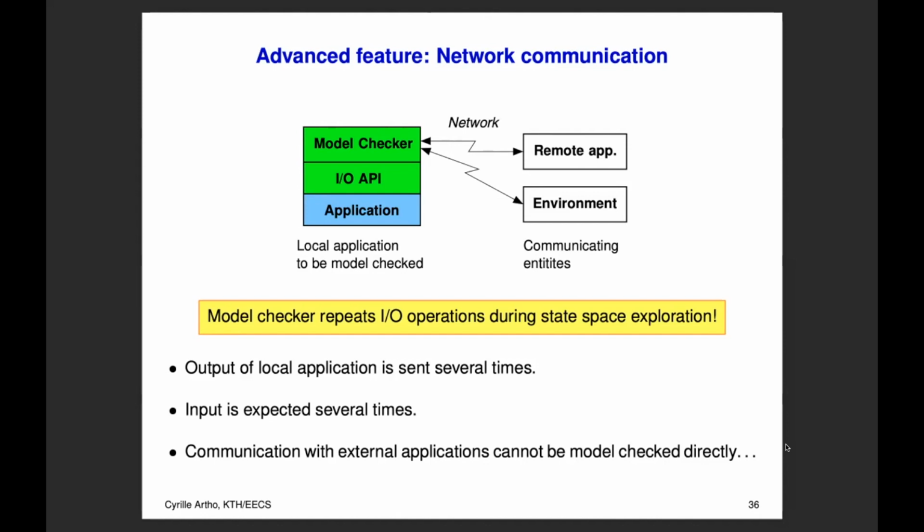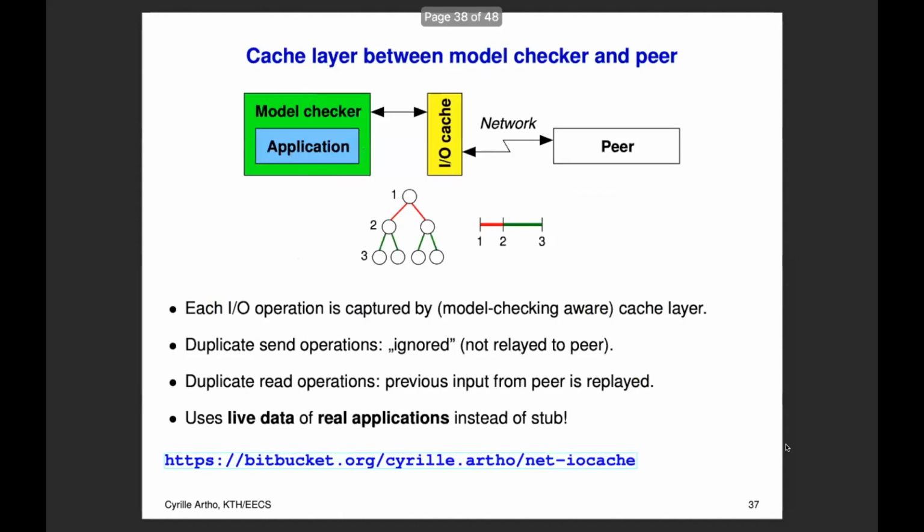In the best case, we'll confuse the other applications if things are repeated, like with an echo. Even worse, the input would be expected several times after backtracking. That would not be the regular protocol, so the application would simply hang and wait for input again, which it has read before backtracking, and it's simply not compatible.